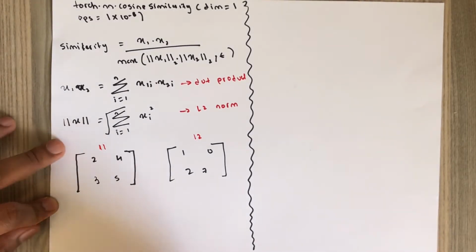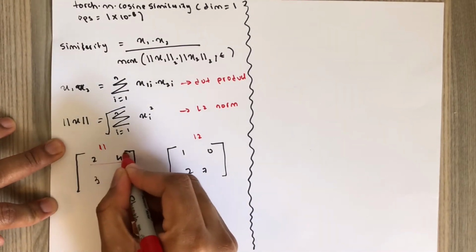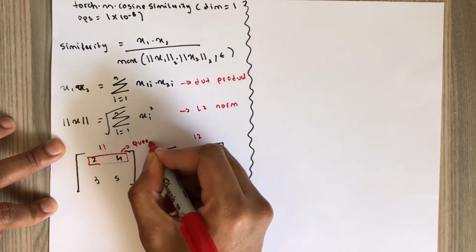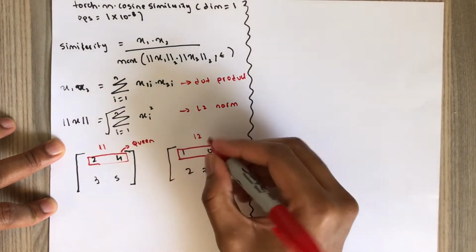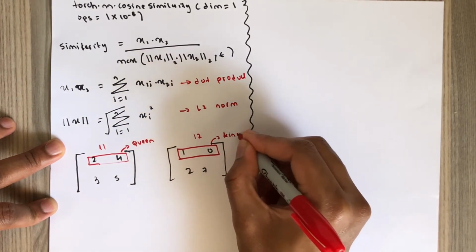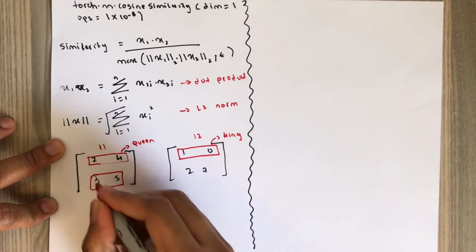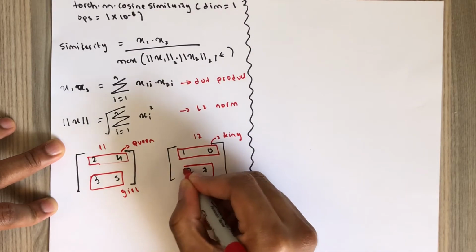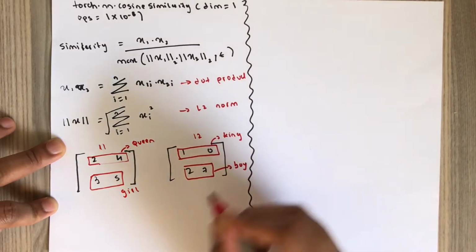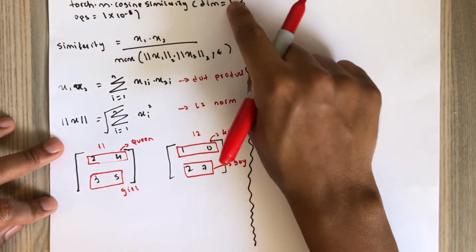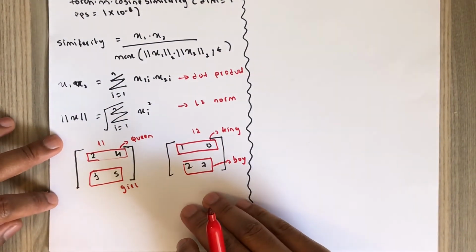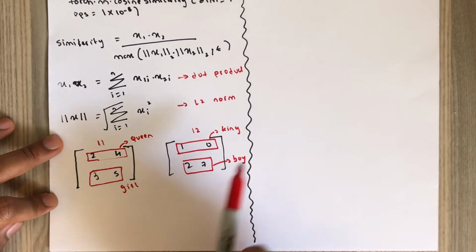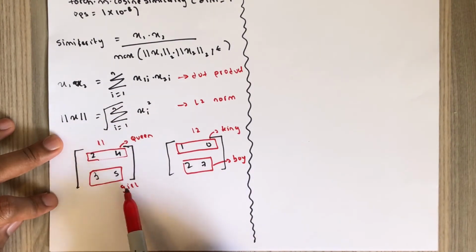Yes, it's clear. Say this is the embedding representation of the word queen, and this is the embedding representation of the word king. This is the embedding representation of the word girl, and this is the embedding representation of the word boy. So the way it works is, if the dimension is 1, you compute the cosine similarity between queen and king, and also the cosine similarity between girl and boy.